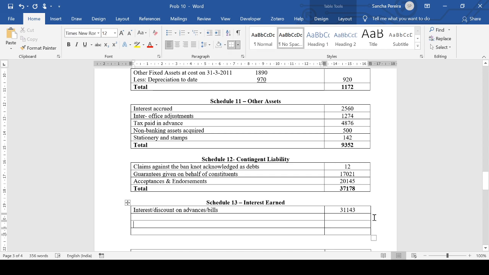Then another two items: income on investments, 14362, and interest on balances with RBI and other interbank funds, which comes to 3447. So the total of this comes to 48952.